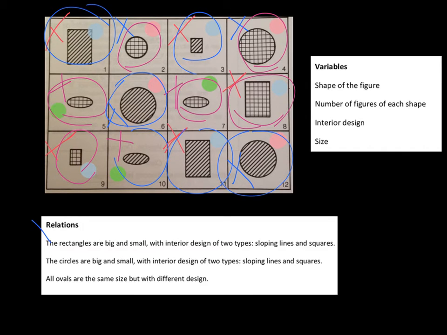So what are those variables? Well, as you can see, those variables are shape of the figure, interior design, and size. We're not going to use the number of figures of each shape because we don't have similarities.